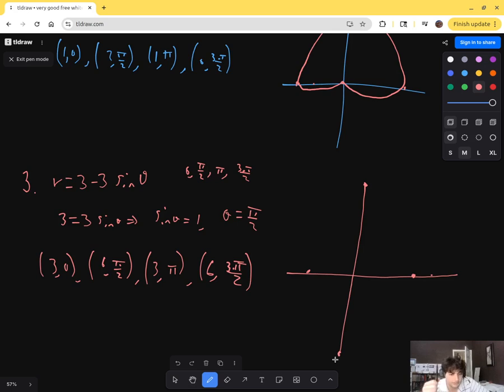Okay, at pi over 2, sine of pi over 2 is 1. 3 minus 3 times 1 is 0. So pi over 2 is 0. So actually it's like this. So then it opens down.